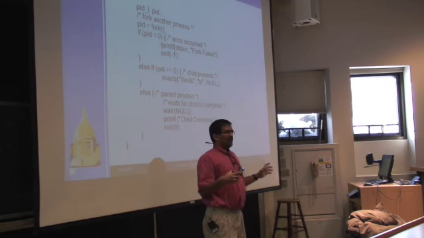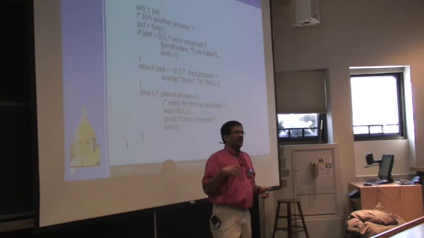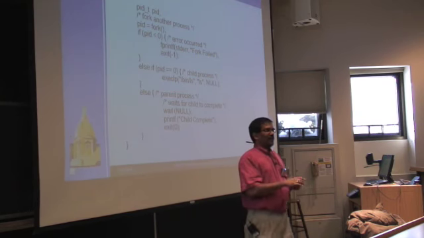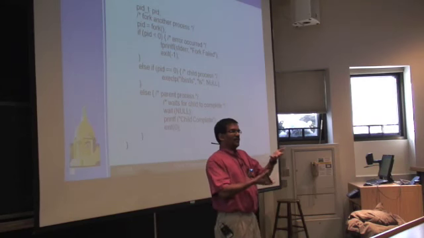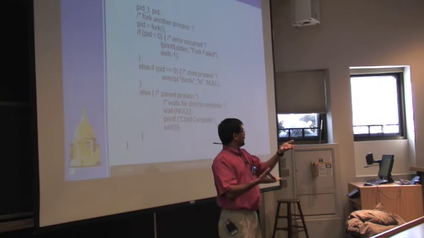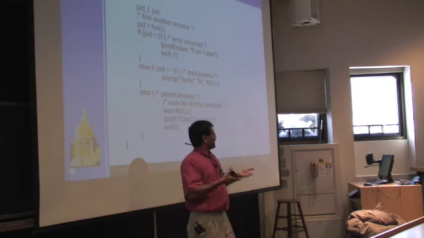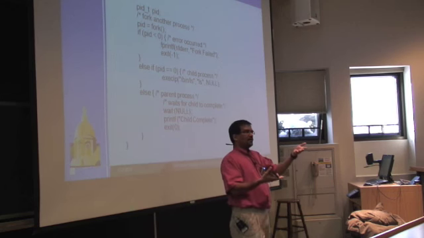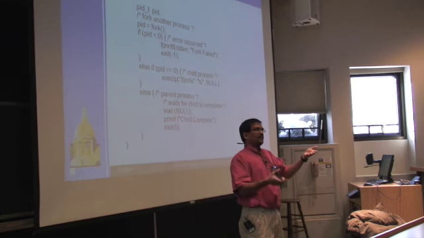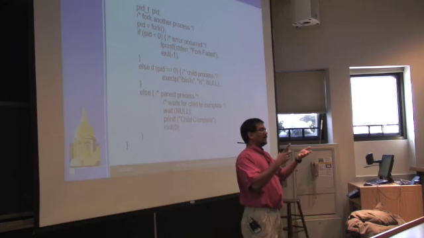Even though we call it a parent and child, there is not really that much of a difference in what the parent can do and what the child can do, right? Both of them can do the same thing. Both of them are co-equal, but you call one a parent and one a child. The way you differentiate is when fork returns.